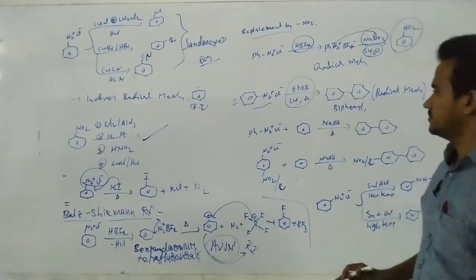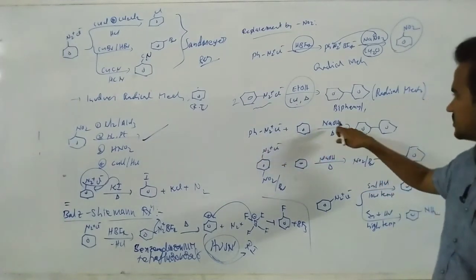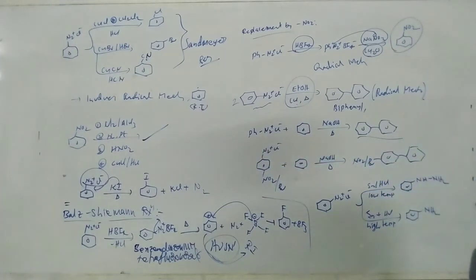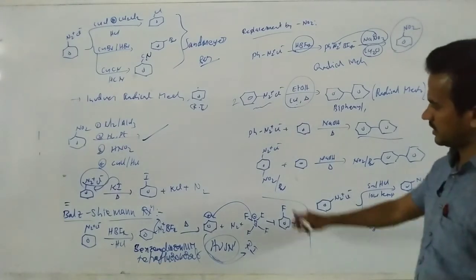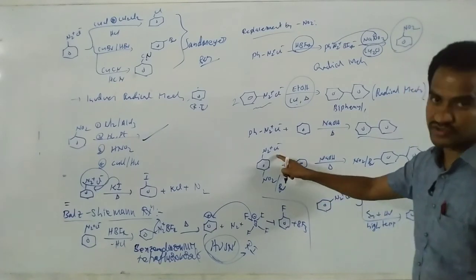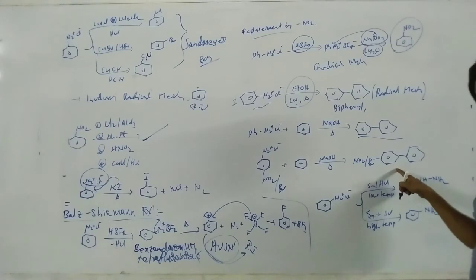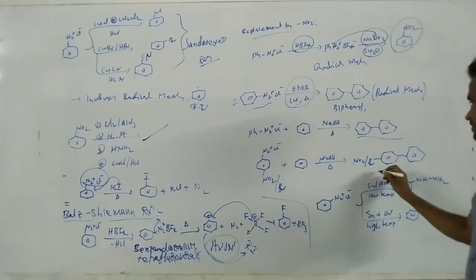Okay. Now, this benzene diazonium salt on heating with benzene in the presence of NaOH, we again get biphenyl. Or para-nitro or para-bromo benzene diazonium chloride on heating with benzene in the presence of NaOH will give the biphenyl derivative. Okay.